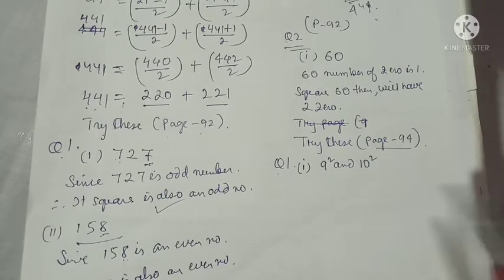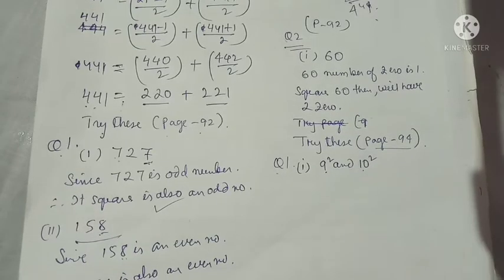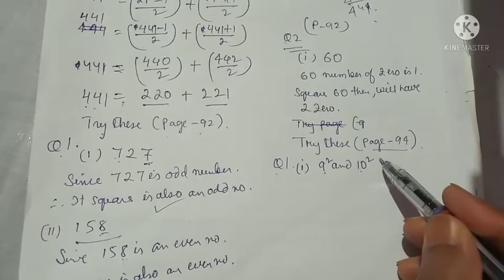Now we are going to find out how many natural numbers lie between 9 square and 10 square. To find this, there is one property we have not learned, so let's recall that property.